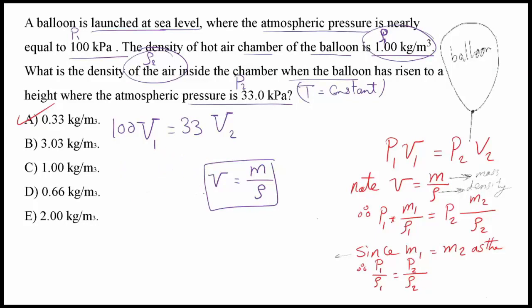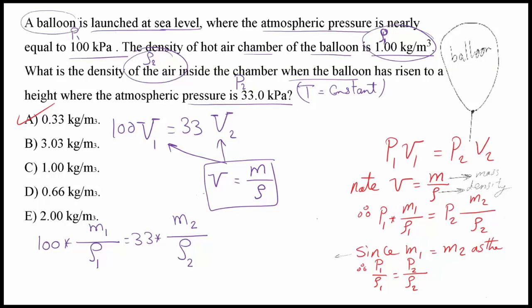I will substitute it here, and let's see what the relation looks like. 100 times V1, which is the mass at the beginning over the density at the beginning, equals 33 times V2, which is the mass at the end divided by the density at the end. But this is a balloon, actually a weather balloon.